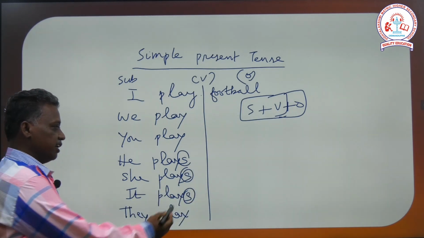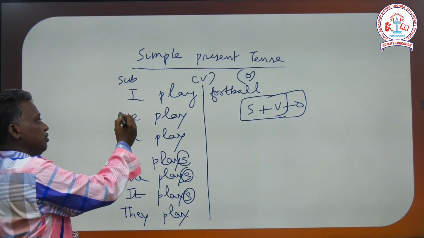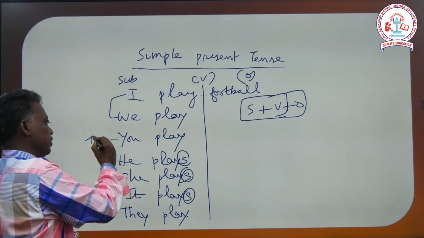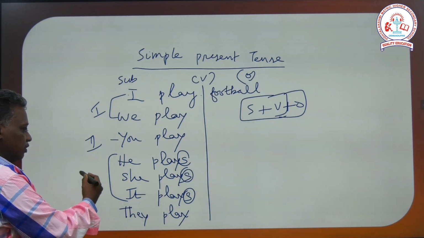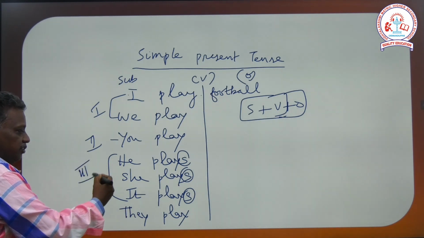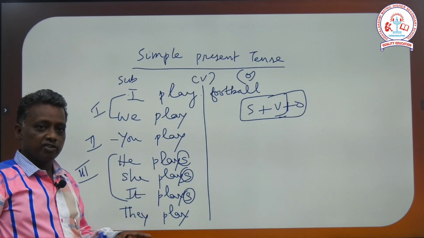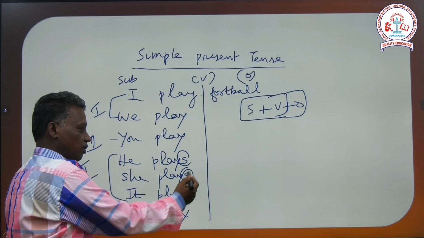So why do we add -s here? Because this is called first person singular, first person plural. This is called second person. He, she, it are called third person singular. When third person singular comes in the simple present tense, in the verb we have to add s or es.